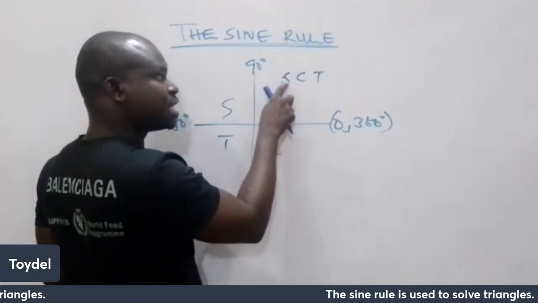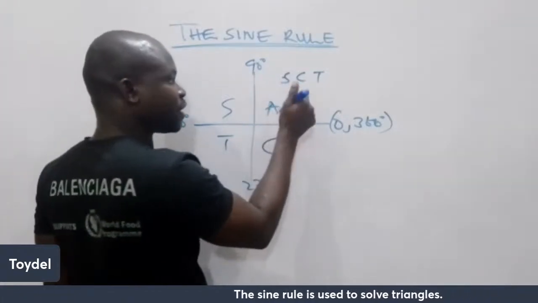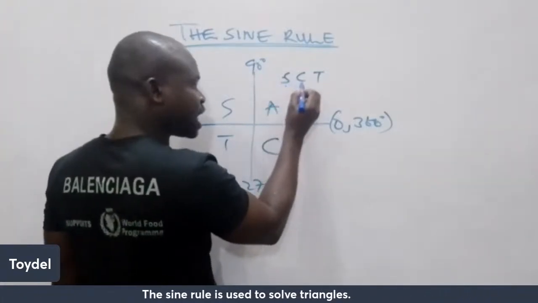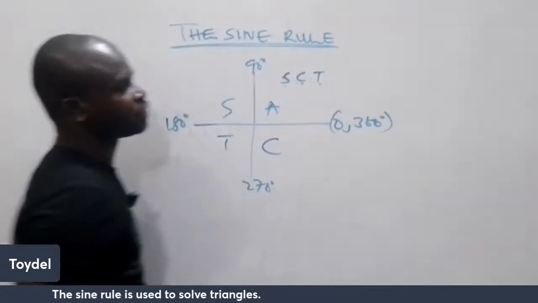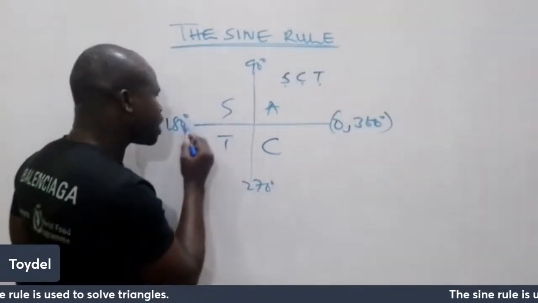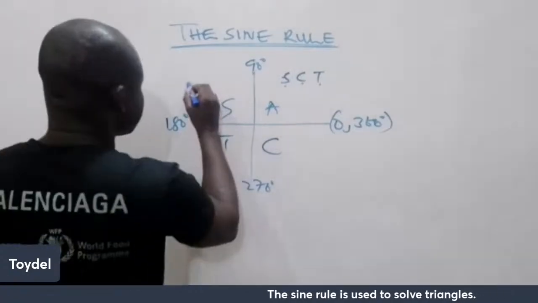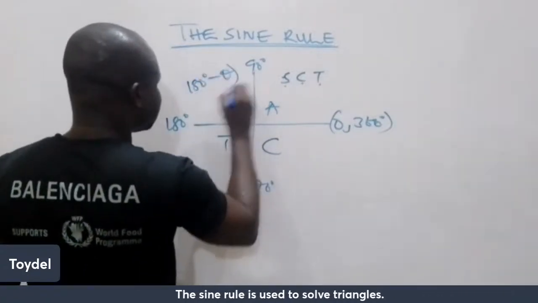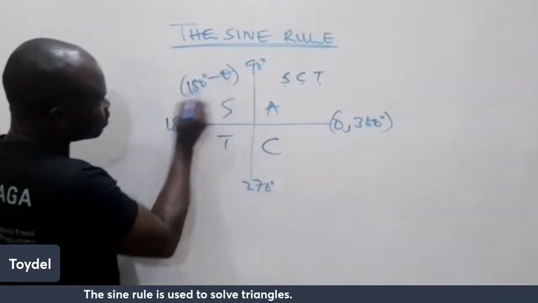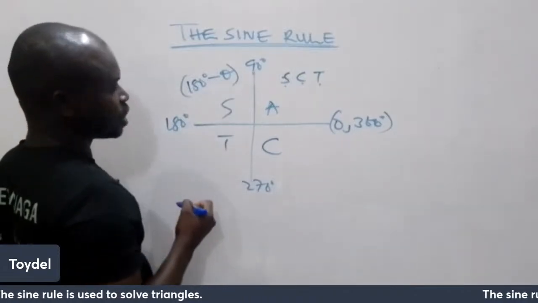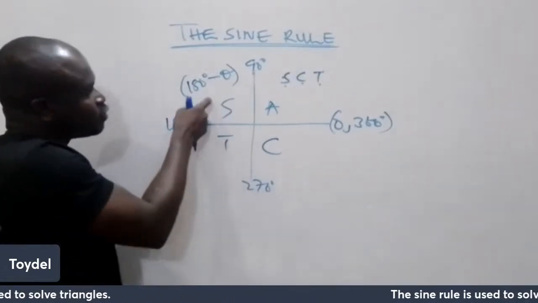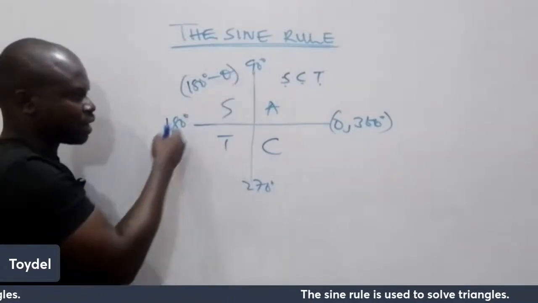Between 0 and 90, sine of an angle is positive, cosine is positive, and the tangent is also positive. But between 90 and 180 degrees, what will happen? Between 90 and 180 degrees, where we have 180 degrees minus theta, it is only sine that is positive within this range. Cosine and tangent will be negative between 90 and 180.